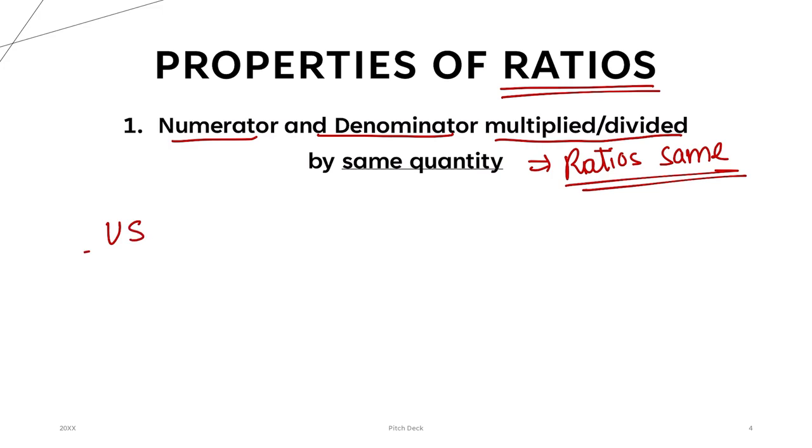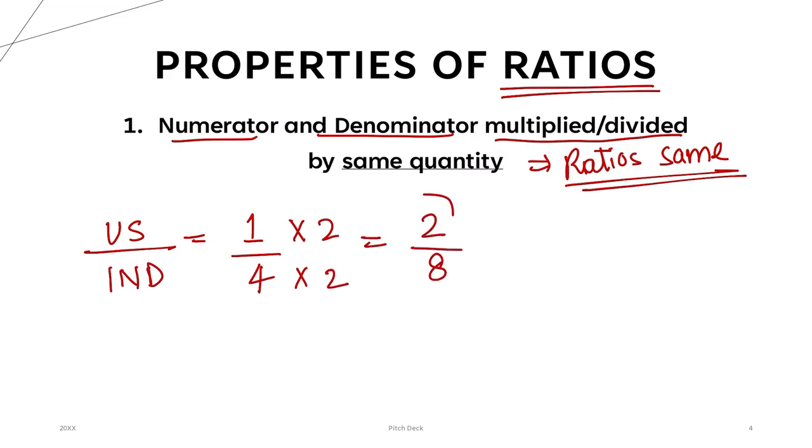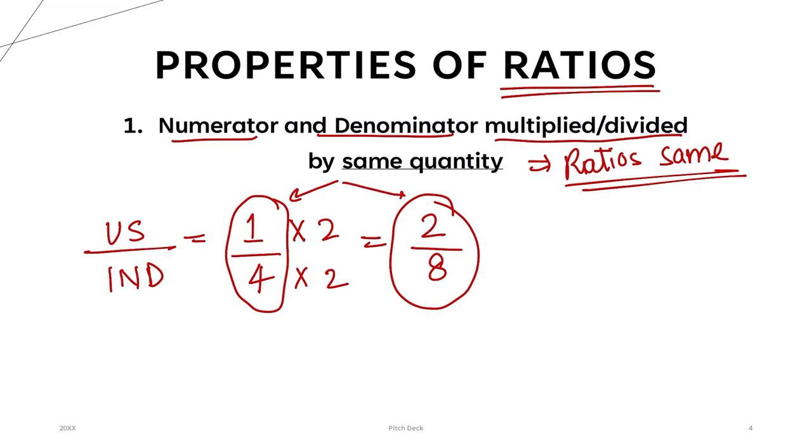Let's take the recent example, US by India, where the ratio was 1 by 4. If someone says you multiply both numerator and denominator by 2, it will give you 2 by 8. This ratio and this ratio are the same. You can multiply and divide the numerator and denominator by the same quantity. These ratios are equivalent: 1 by 4 is equivalent to 2 by 8.